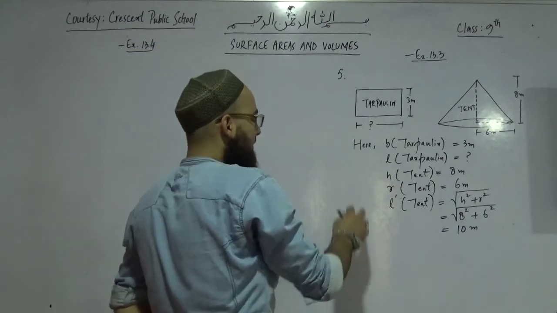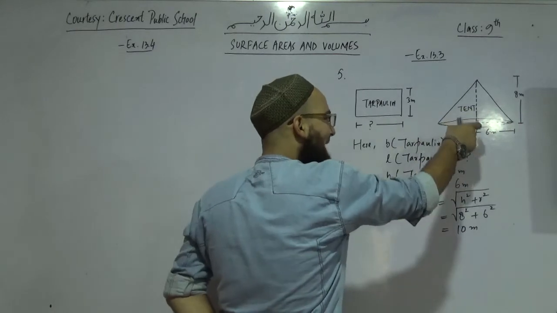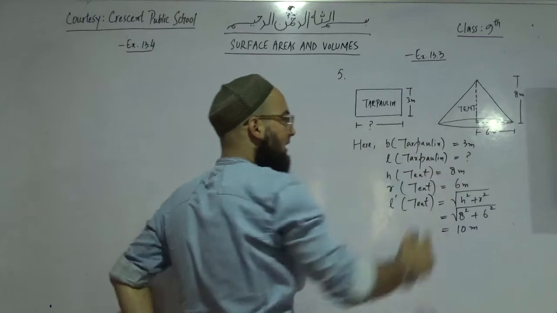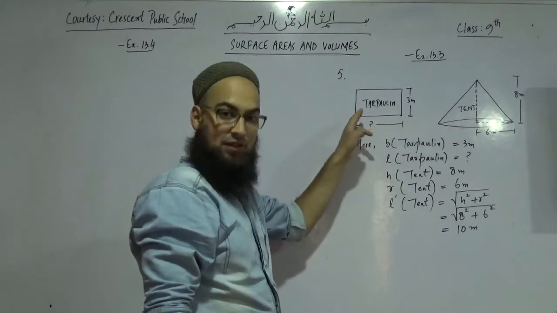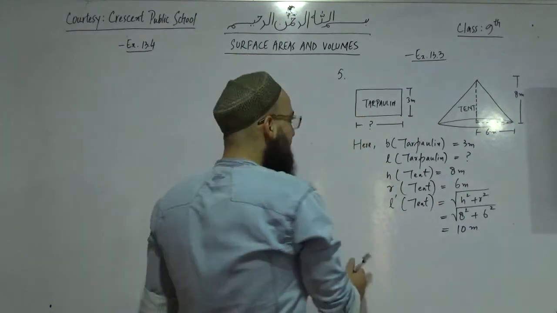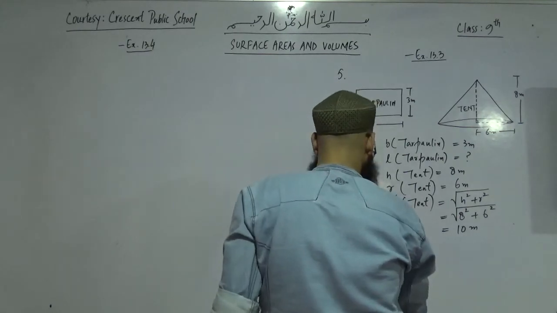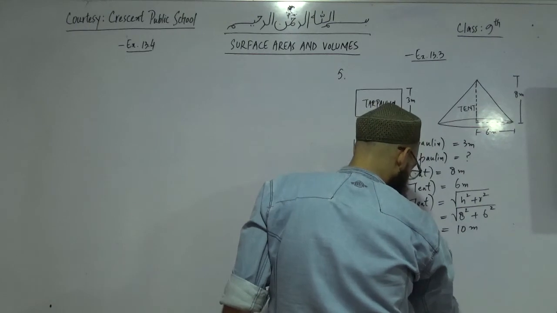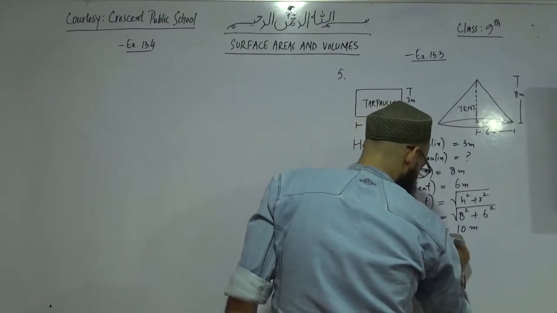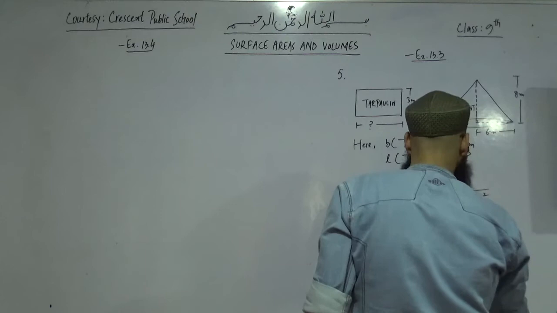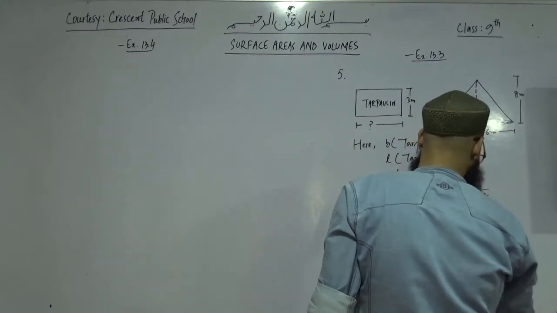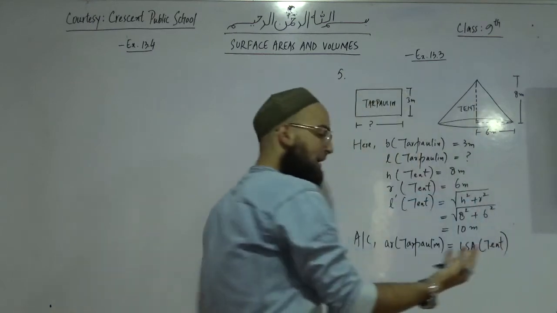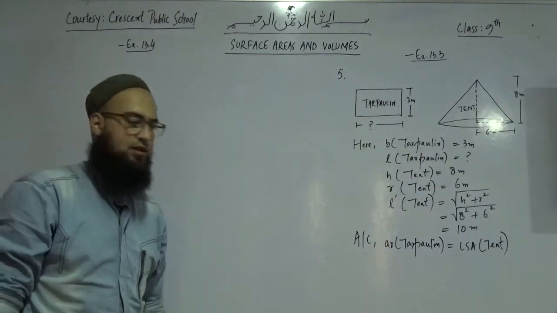This tent is made up of this tarpaulin. So according to condition, area of tarpaulin is equal to lateral surface area of tent. Why? Because the base is not included in the tent.